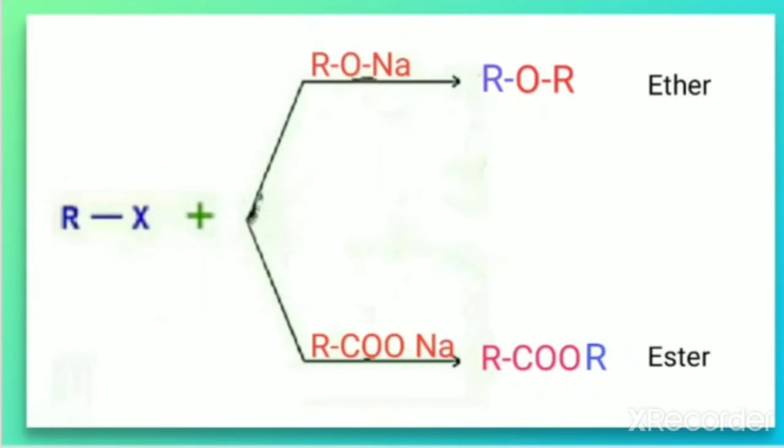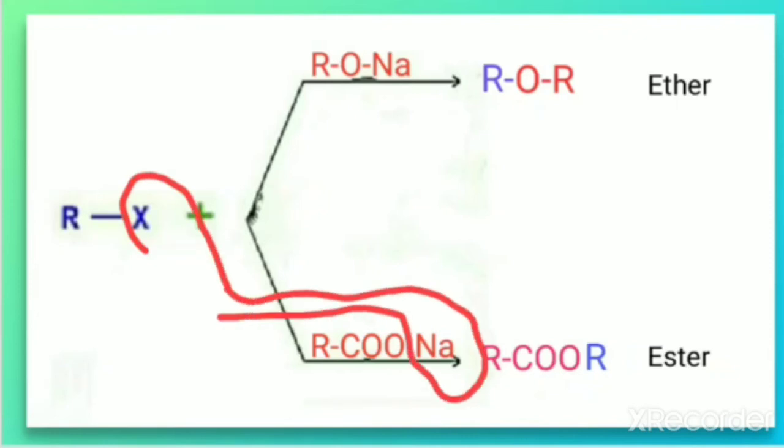Similarly, when RX is treated with the sodium salt of any acid, that is RCOONa, the sodium salt of the acid, we get a product that is ester. Look at how the reaction is taking place. One X from here and one Na from here are removed.